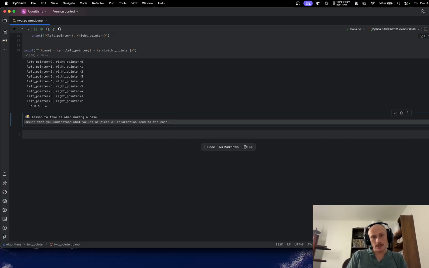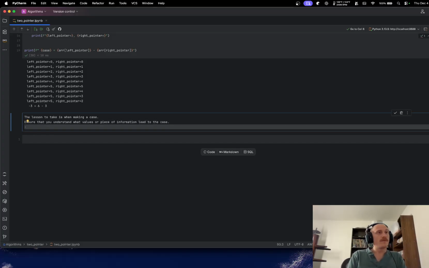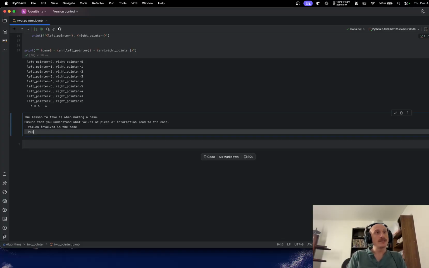Now, what does that mean? That means looking at the values involved in the case. That means looking at the positional nature of the values in the case.